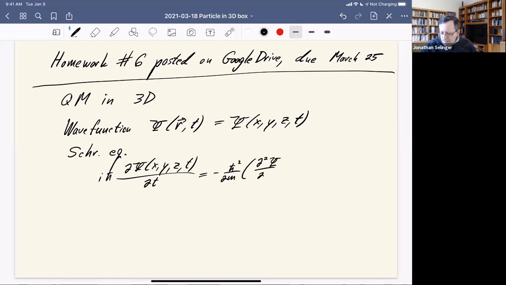That is, the second derivative with respect to x plus the second derivative with respect to y plus the second derivative with respect to z.